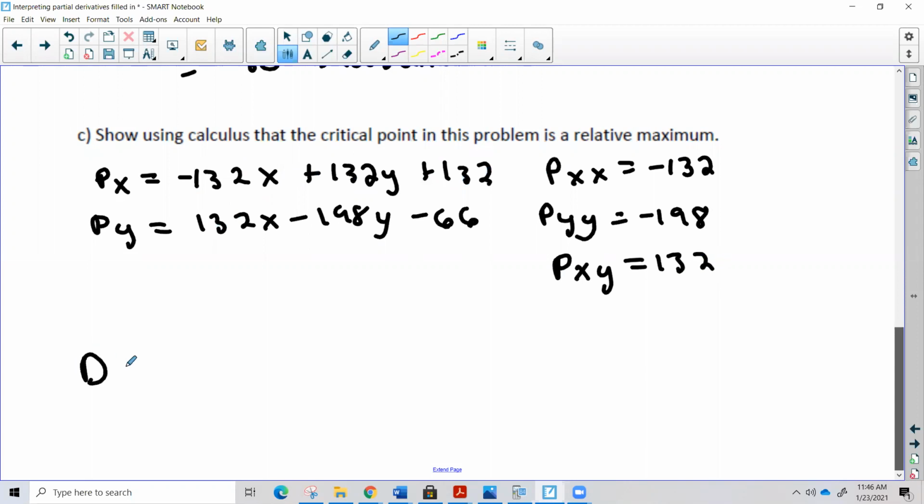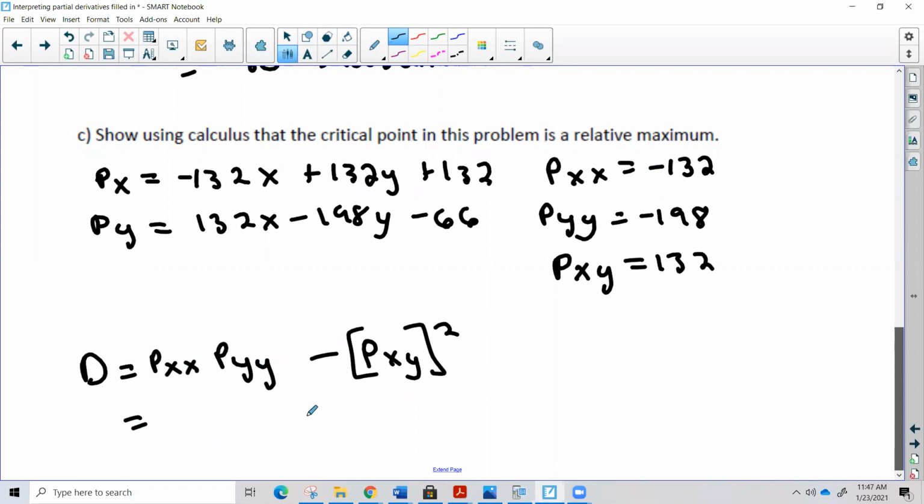And then I use my D equation, which I would just keep writing to help you memorize it. So it's f of xx, we're going to do P in this case. So P of xx times P of yy minus P of xy squared. And again, we're doing it at the point 2, 1, but in this case we have all constants, so it's not going to matter.